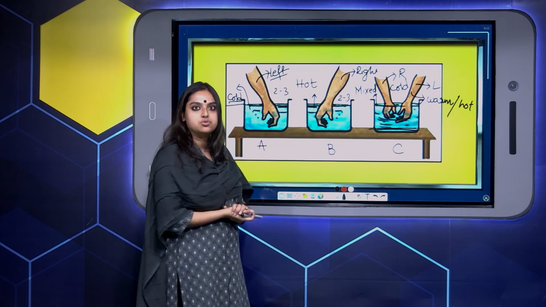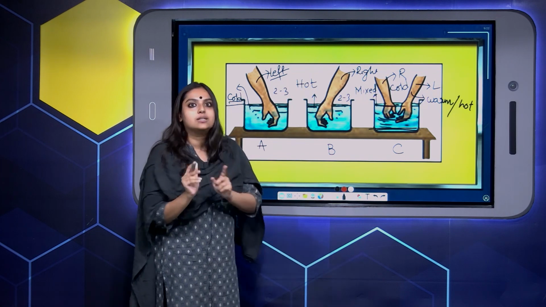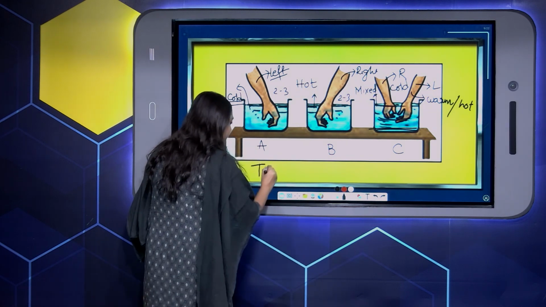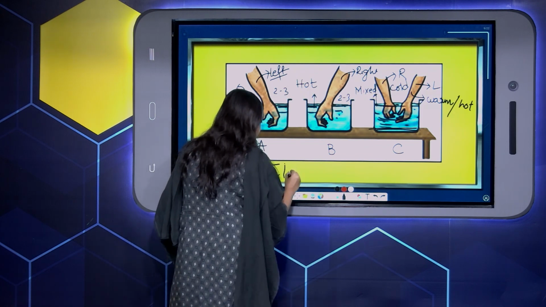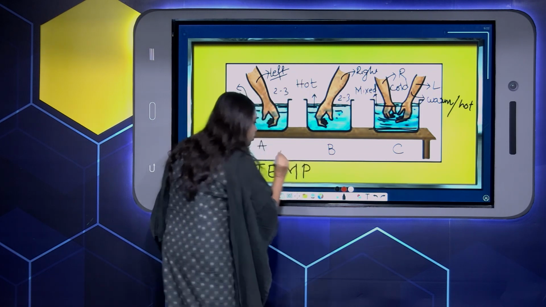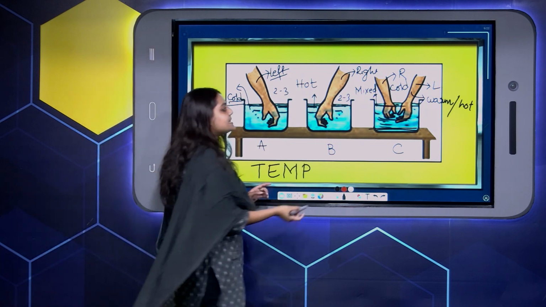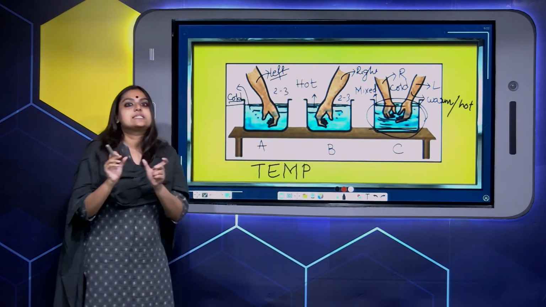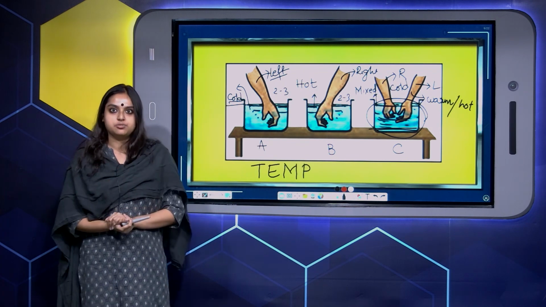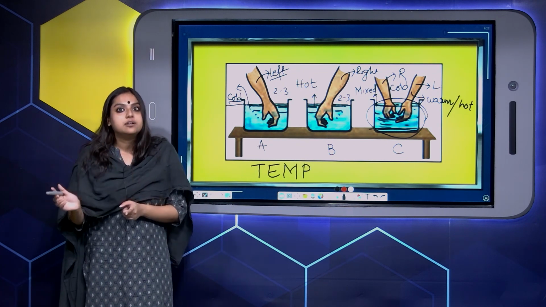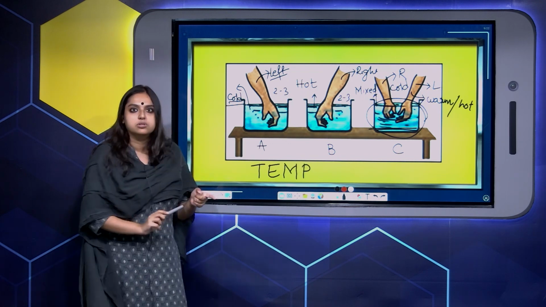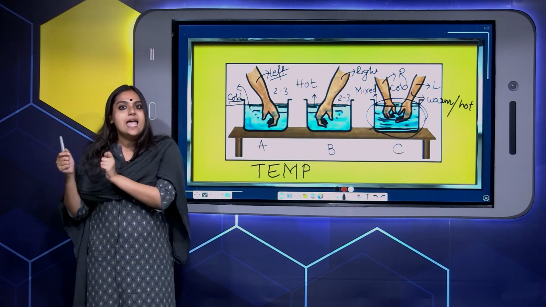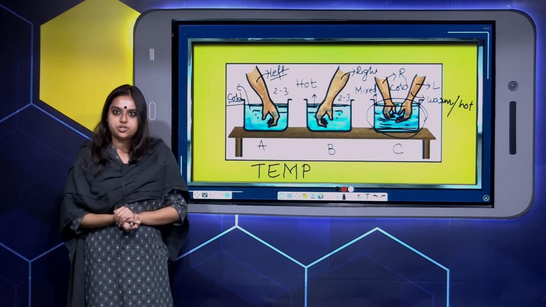We have to go to a new concept called temperature. To know that this particular water in the beaker has a certain temperature to it, so that we are not confused that it is hot or cold. We know accurately that this water in the beaker has a particular temperature.